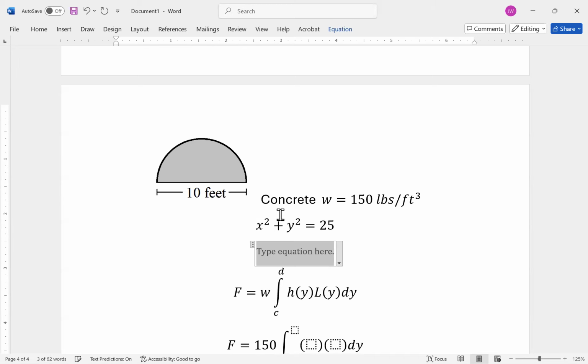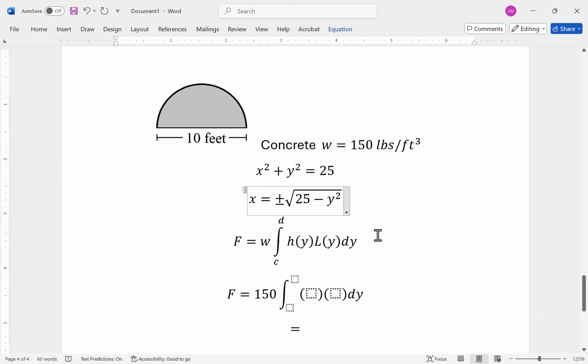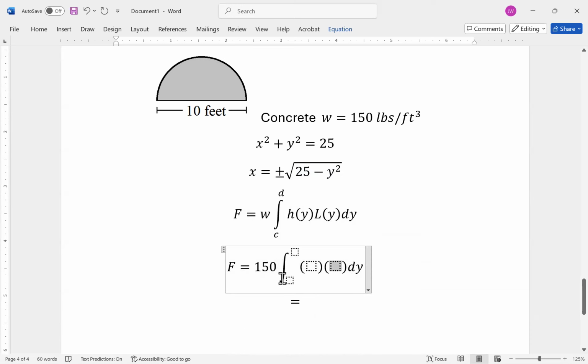So if I solve for x, the right-hand side is going to be the positive square root of 25 minus y squared. The left-hand side is going to be the negative square root of 25 minus y squared. So now we're ready to set up my integration.